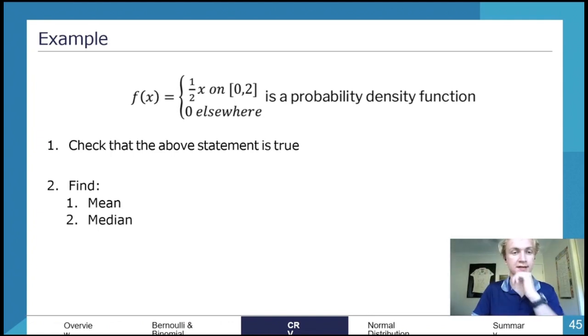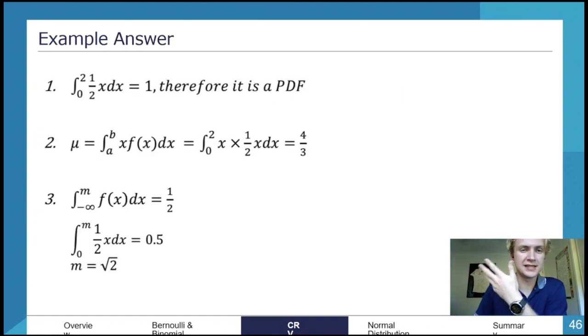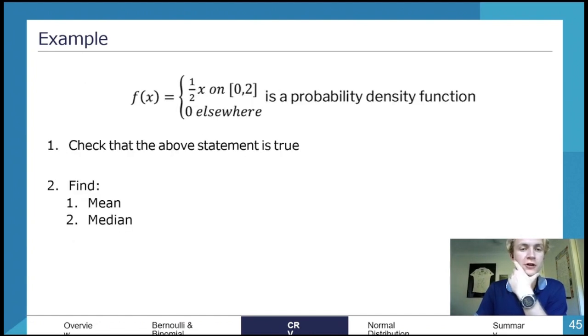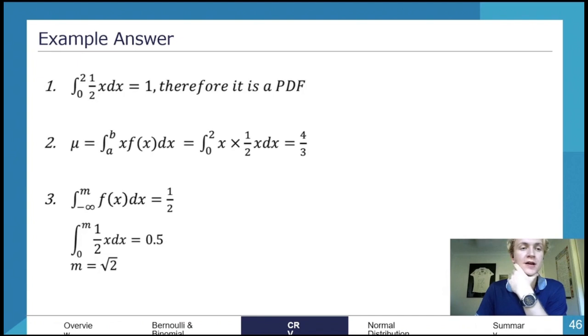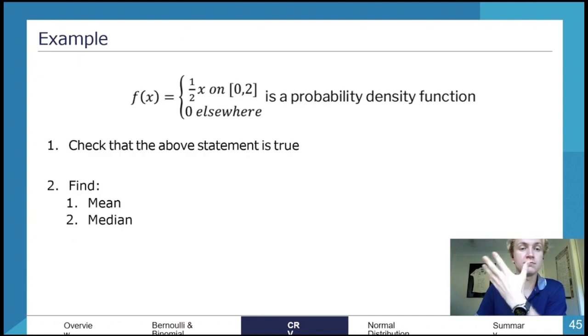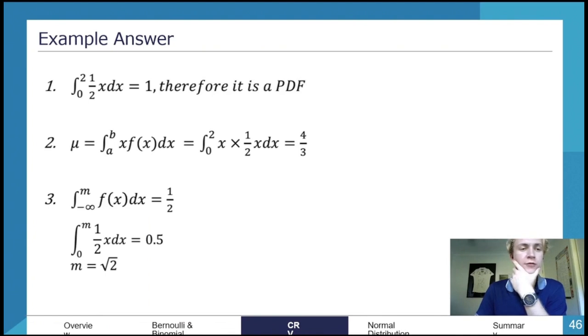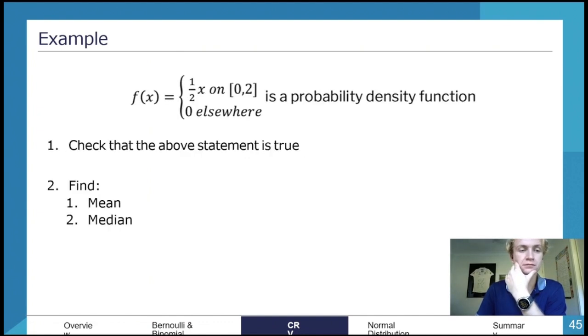Well, first we have to check the statement is true, so remembering our two rules. First of all, it's never less than 0, so make sure you write that, and also the integral between the upper and lower bounds, 0 and 2, where it's actually relevant, it's not 0. If we integrate that in terms of x between 0 and 2, that equals 1. Therefore, it is a probability density function.